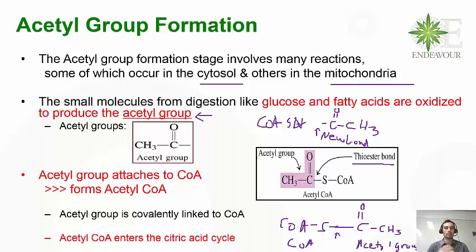So we create acetyl CoA from the breakdown of carbohydrate and also lipid. So once we have this acetyl CoA through these metabolic processes that have broken down our glucose and our fatty acids, then we're able to feed the acetyl CoA into the citric acid cycle. So that is the next step.